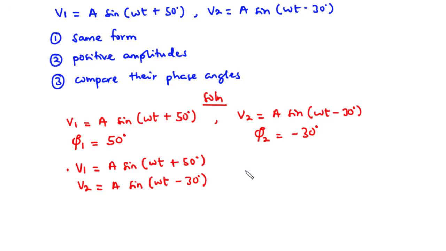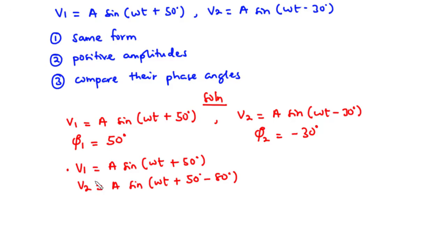Now you realize that 50 plus negative 80 is equal to negative 30 degrees. So instead of writing negative 30 degrees, we can express that as 50 plus negative 80. And 50 plus negative 80 is the same as 50 minus 80. So we are going to write plus 50 minus 80.